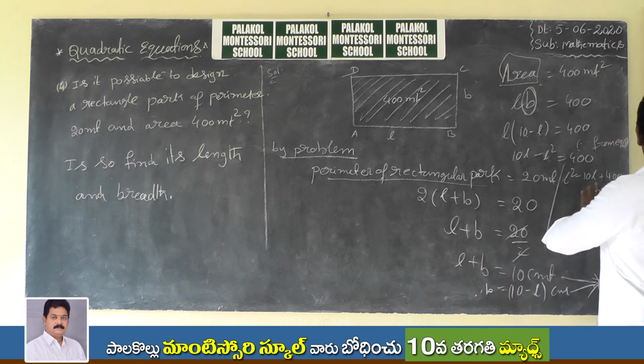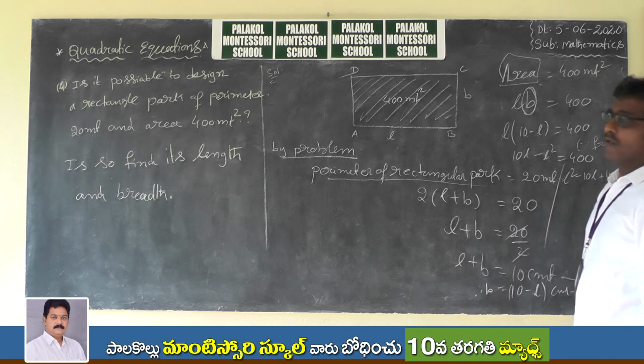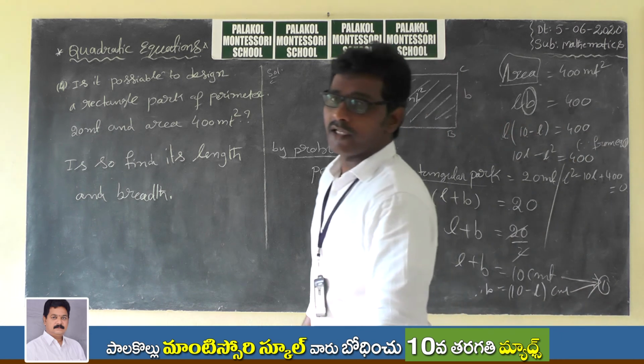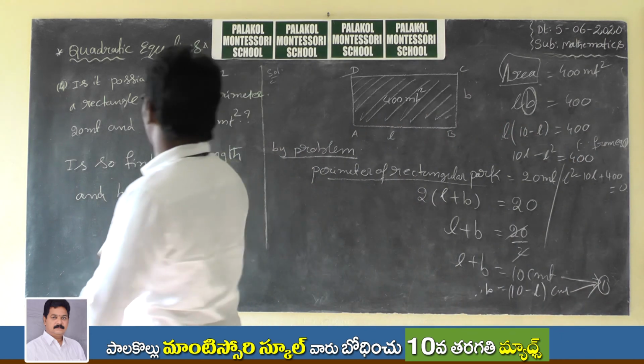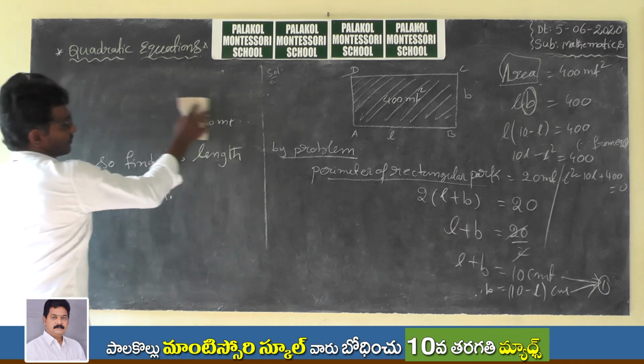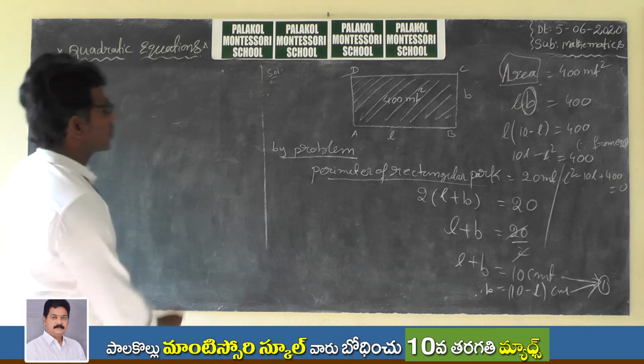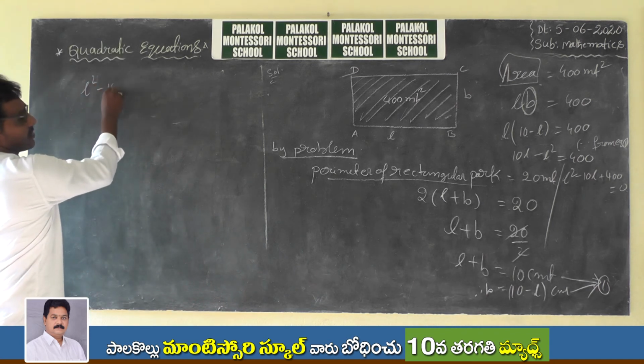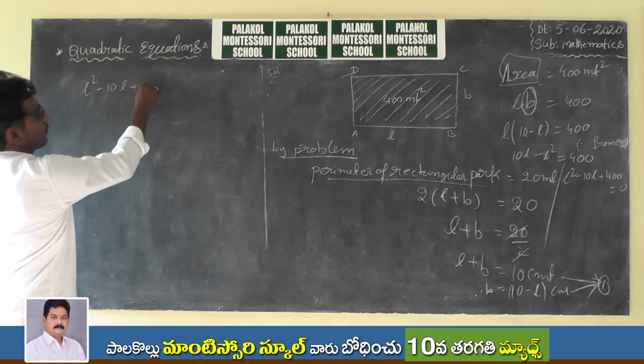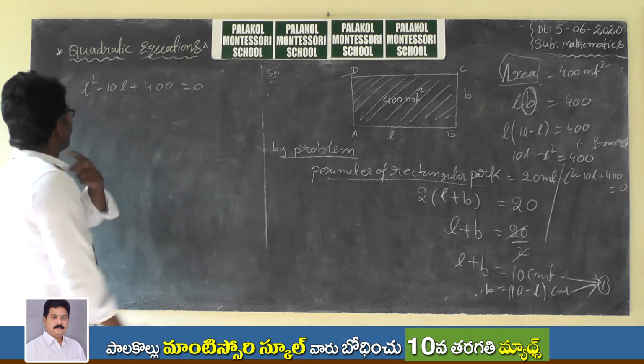It is in the form of a quadratic equation. You calculate the discriminant, b square minus 4ac. So L square minus 10L plus 400 is equal to 0.